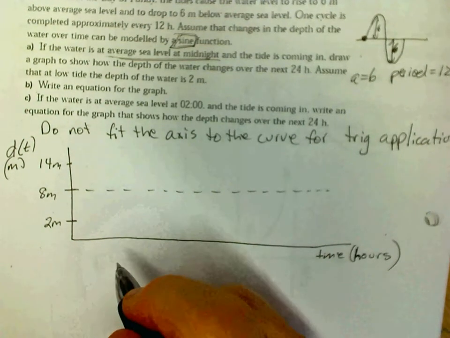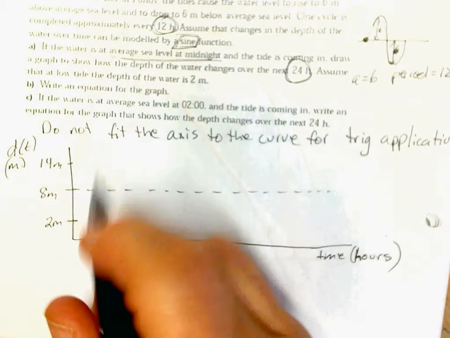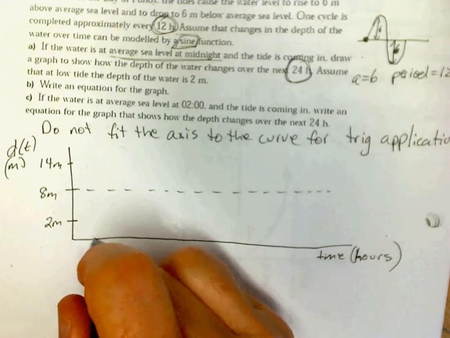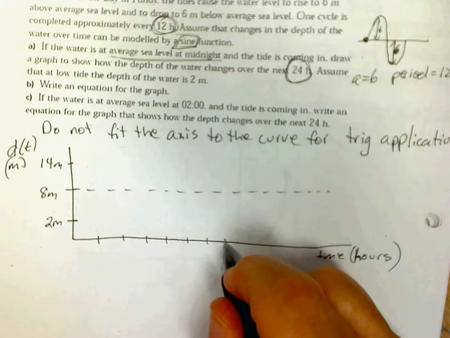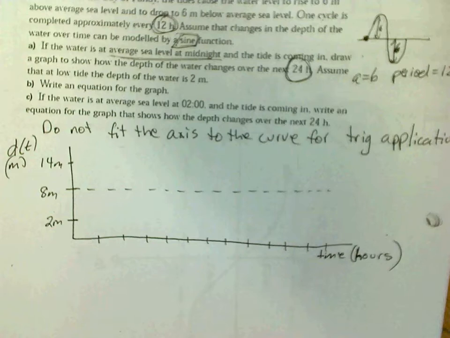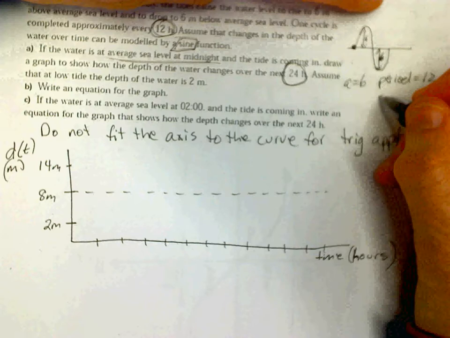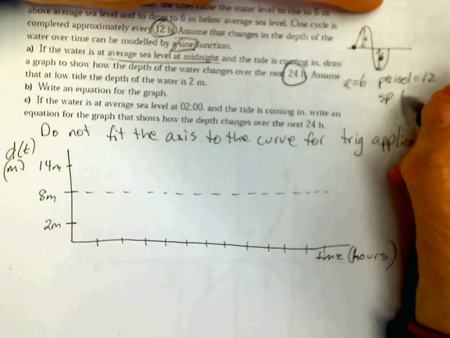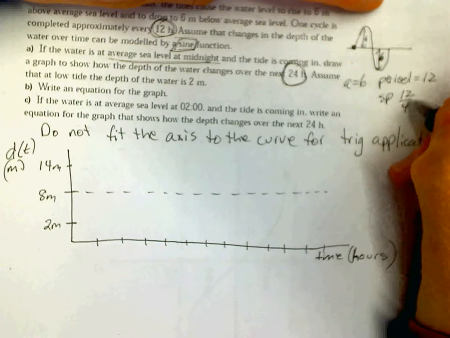They want us to draw it over the next 24 hours. But each cycle is 12 hours, so that's really 3 cycles. So we'll go 1, 2, 3, 4, 1, 2, 3, 4, 1, 2, 3, 4. If the period is 12, special points occur every period divided by 4, so it's at 3.